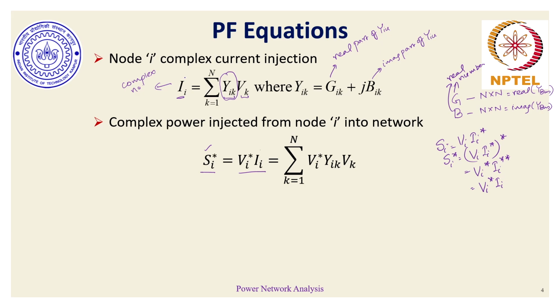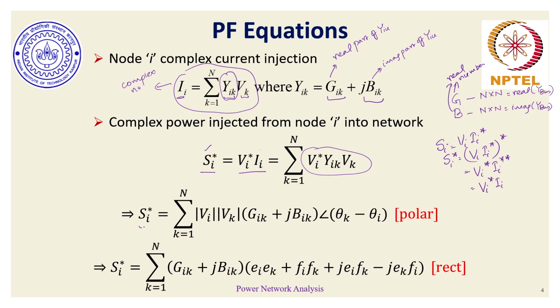I have simply substituted the Ii current expression into this expression, wherein I get a summation form. Now, Yik can also have its own individual real and imaginary parts, and depending on whether voltage is considered in polar or rectangular form, the expression of Si conjugate looks different.